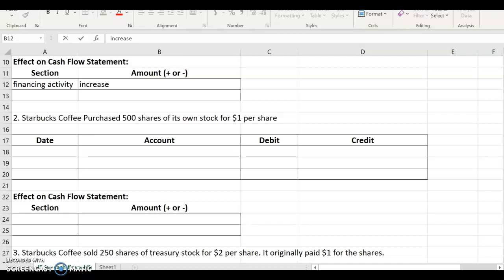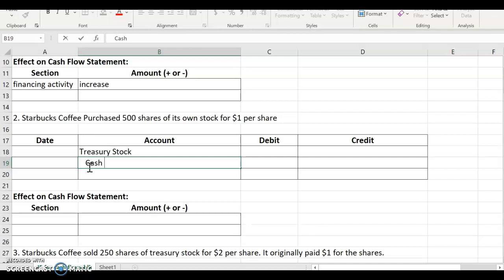Starbucks Coffee purchased 500 shares of its own stock for $1 per share. Owned stock tells us we're talking about treasury stock. When we purchase it, that means we pay out cash. So we're going to debit treasury stock, and we're going to credit cash.